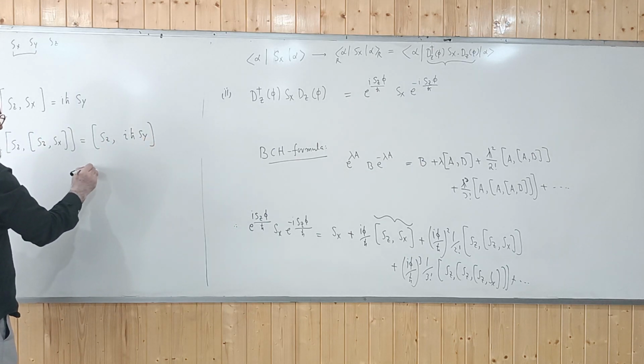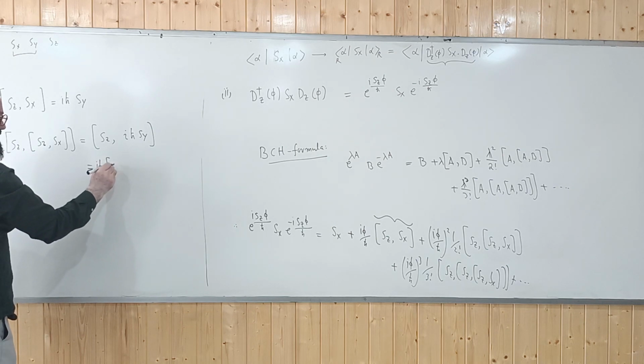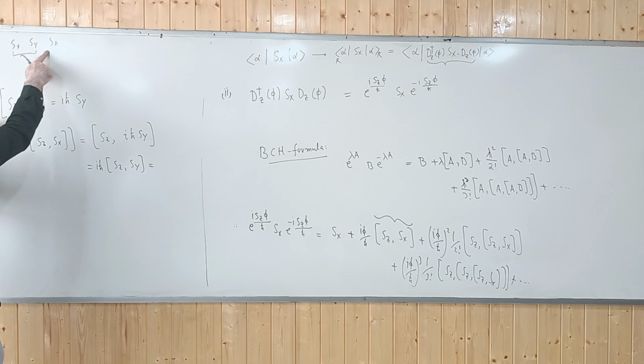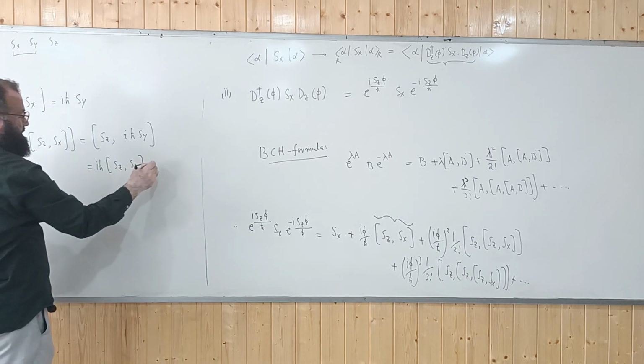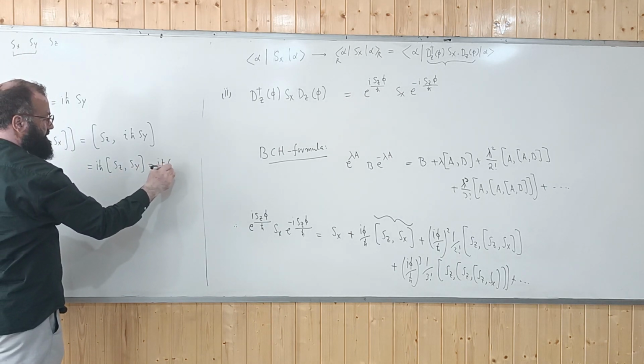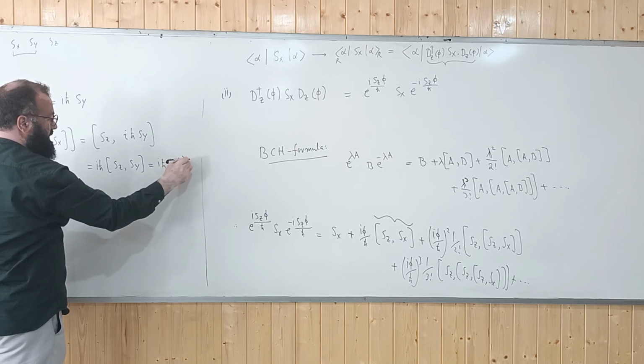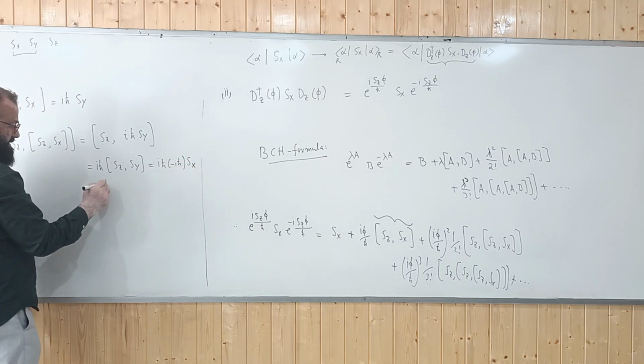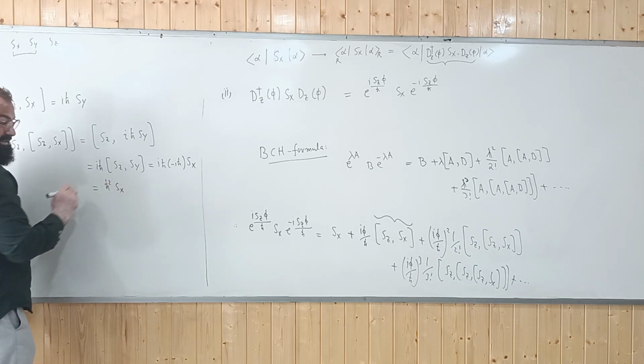Okay, so you can take i h cross out. So what remains there? Sz, Sy. What is that equal to? It is in the reverse order, so it will give minus. So you have i h cross, then minus i h cross, Sx. Clear? So that is simply h cross square Sx.